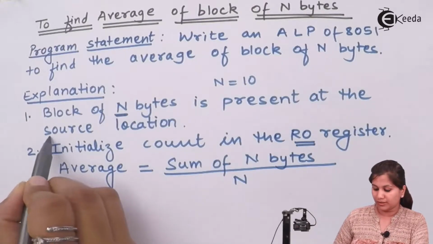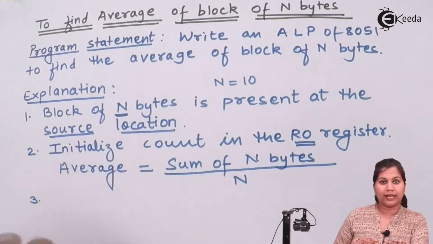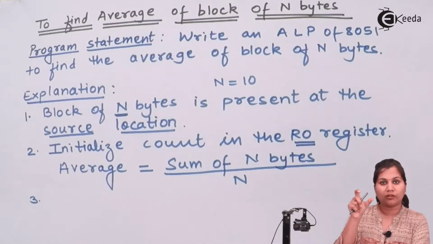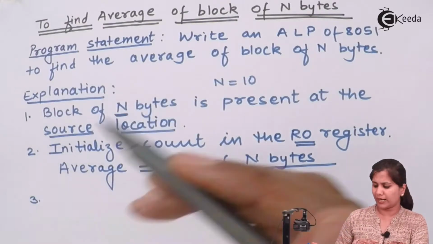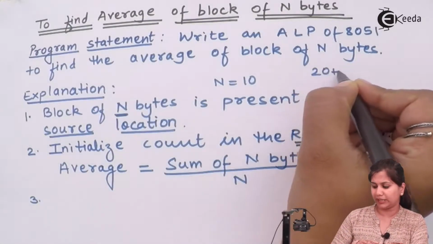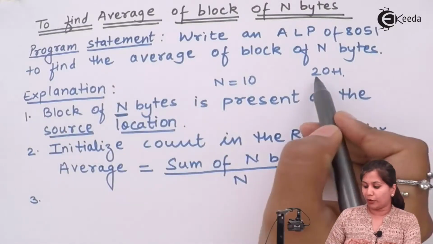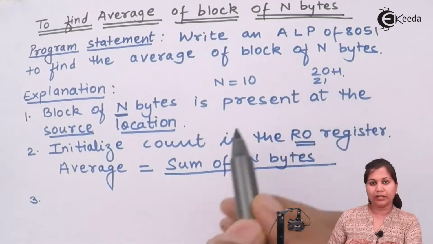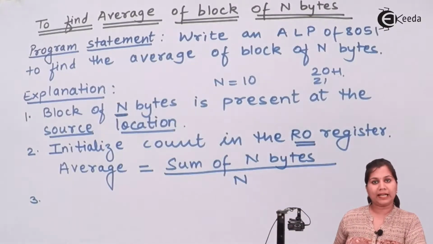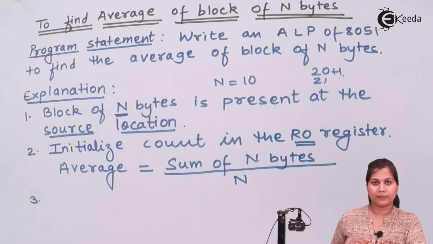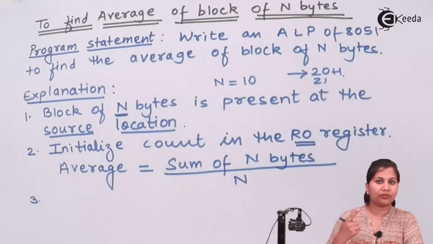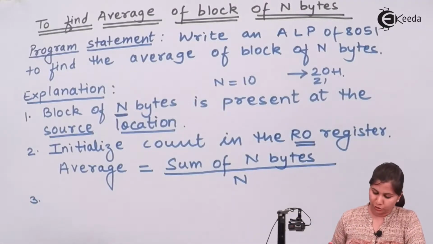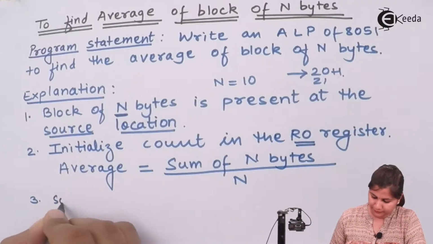Now the source location, that is the memory address from where all the 10 numbers are stored. Suppose that memory location is 20h. From 20, 21, 22, 23 up to 29h, all the 10 numbers are stored. To point to this memory location we will also require a pointer.